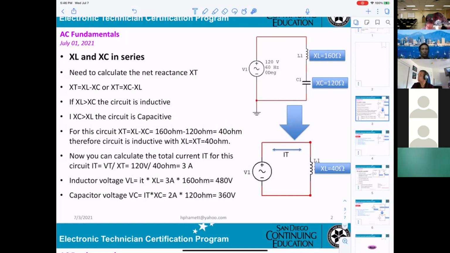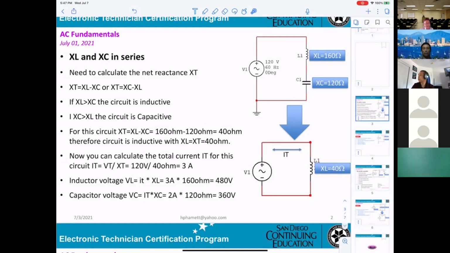And this circuitry now will be inductive with the new value of XL being 40 ohm. So now I redraw the circuitry here. Only an inductor, and the value of XL will be 40 ohm. Up to this point, can you follow that? That means if you see XC and XL, you have to do a calculation to see which one is higher.